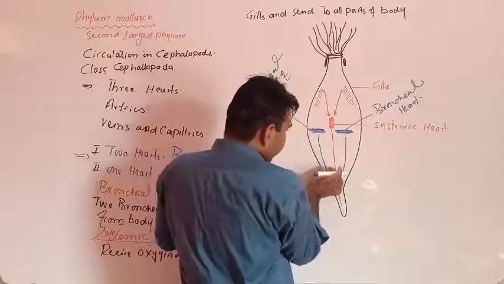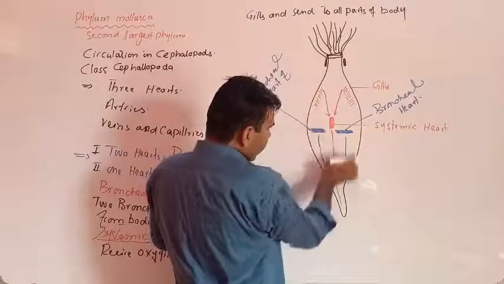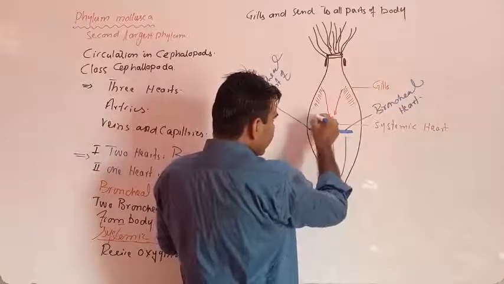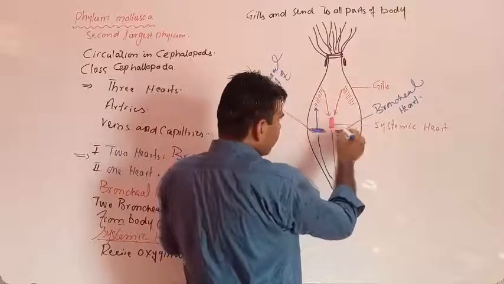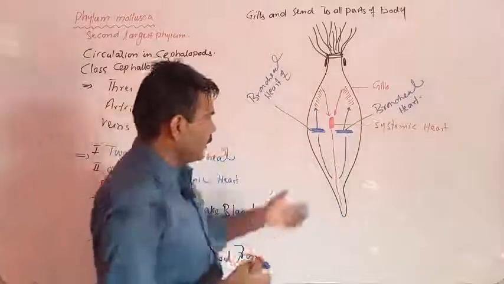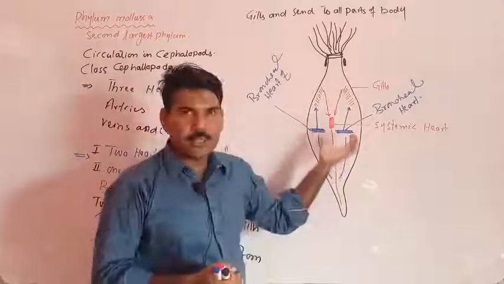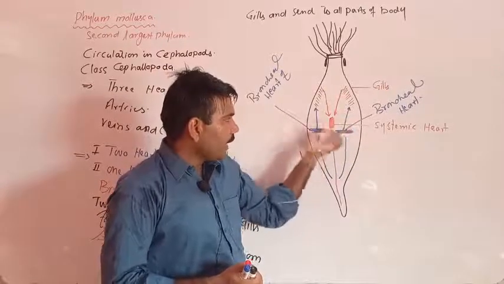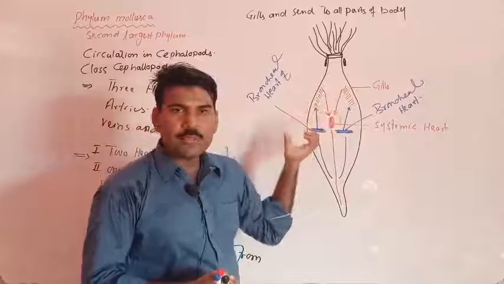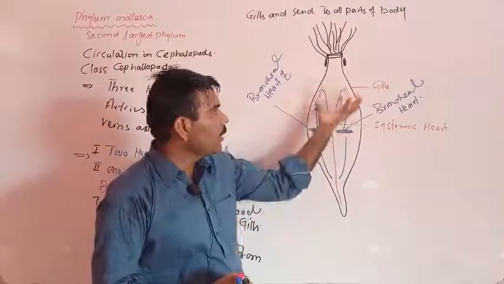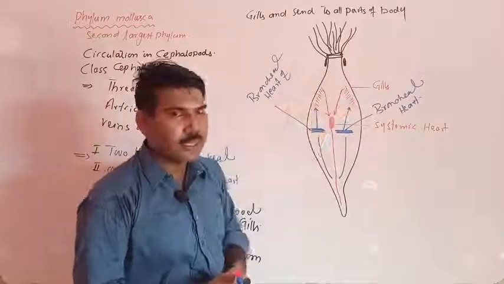So the deoxygenated blood taken from the body is transported to the gills. The blood which is deoxygenated is taken inside these hearts, known as branchial hearts, and these branchial hearts deliver the blood with pressure into the gills.